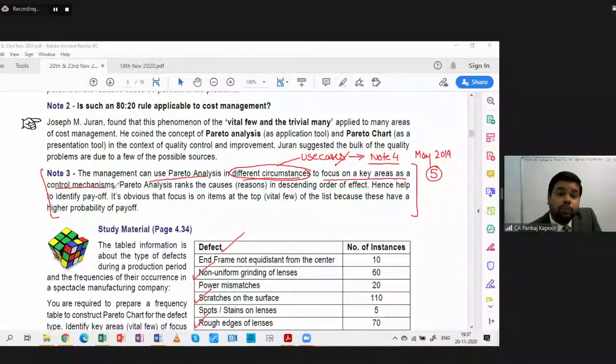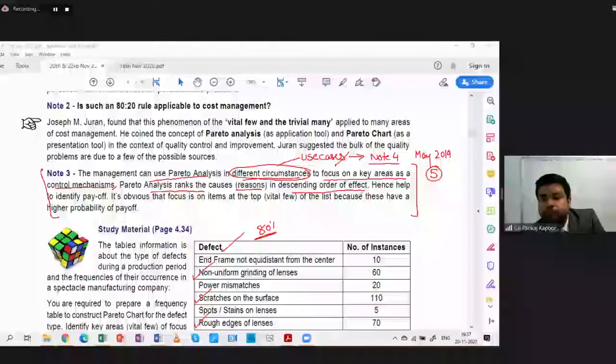In order to develop a control, by just focusing on the 3 areas, we can remove 80% of the defects. Agreed? Further moving, the Pareto ranks the causes in the decreasing order of the defect. It means firstly we keep where the effect is high, significant, and then we write the item whose effect is not significant or is less. It means we are writing down the things in the order of significance.